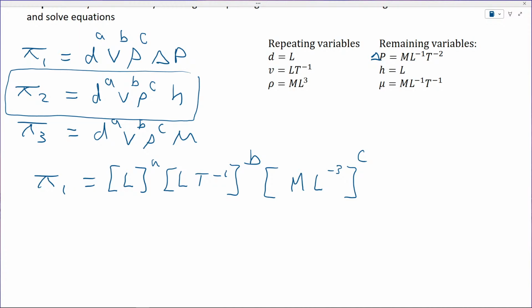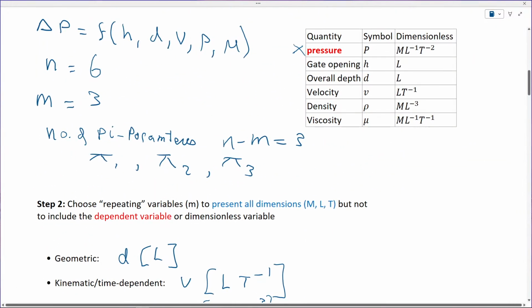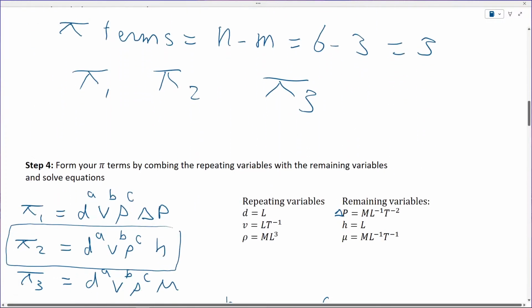If you don't remember the dimension of this guy, we can get them from this table. So the pressure, that's M L minus 1 T minus 2.